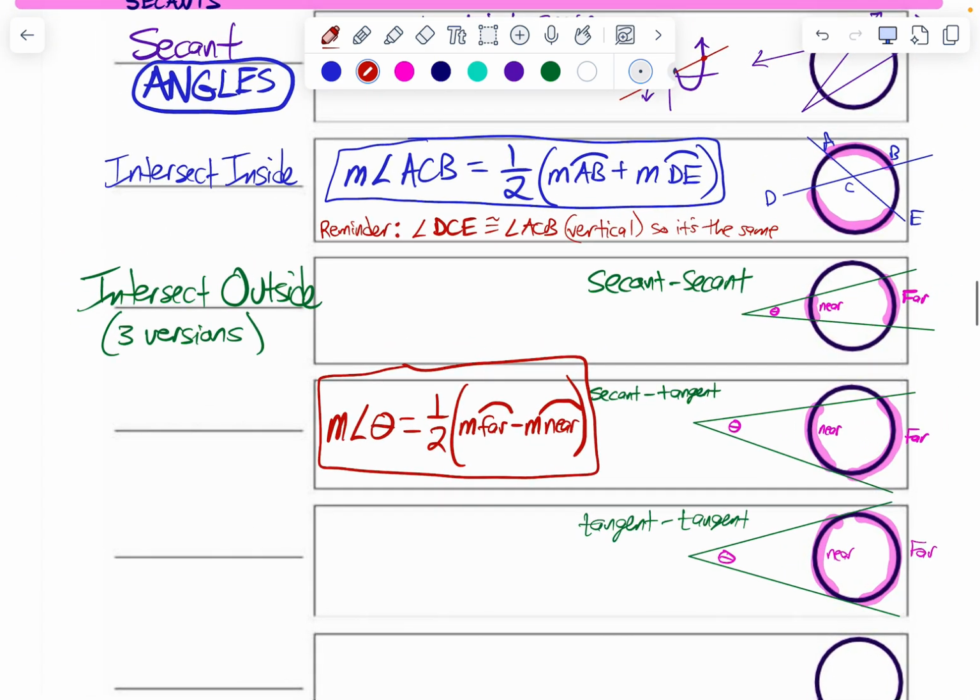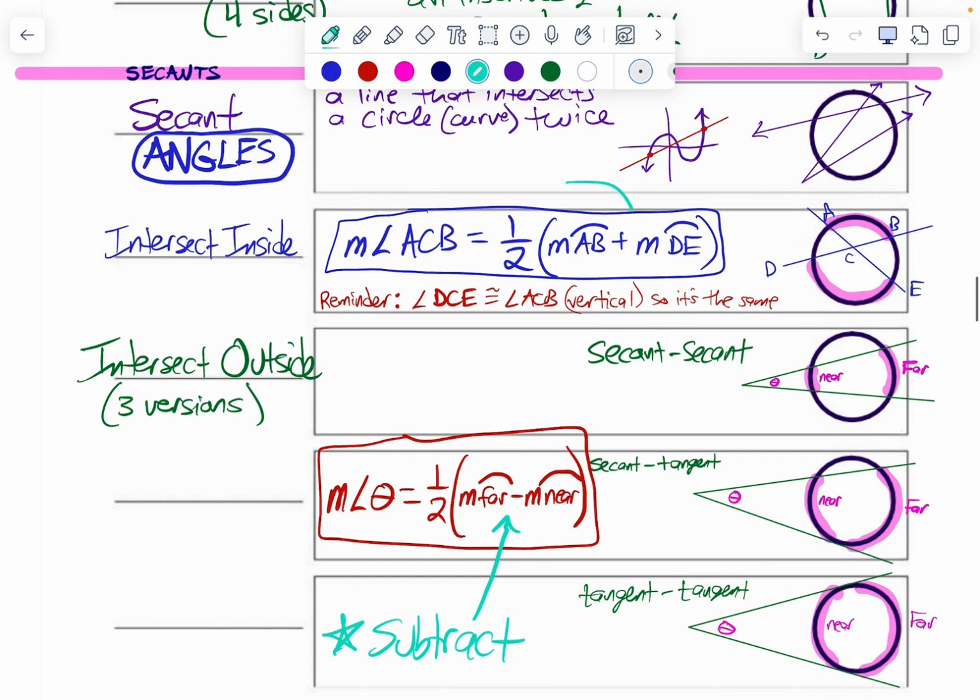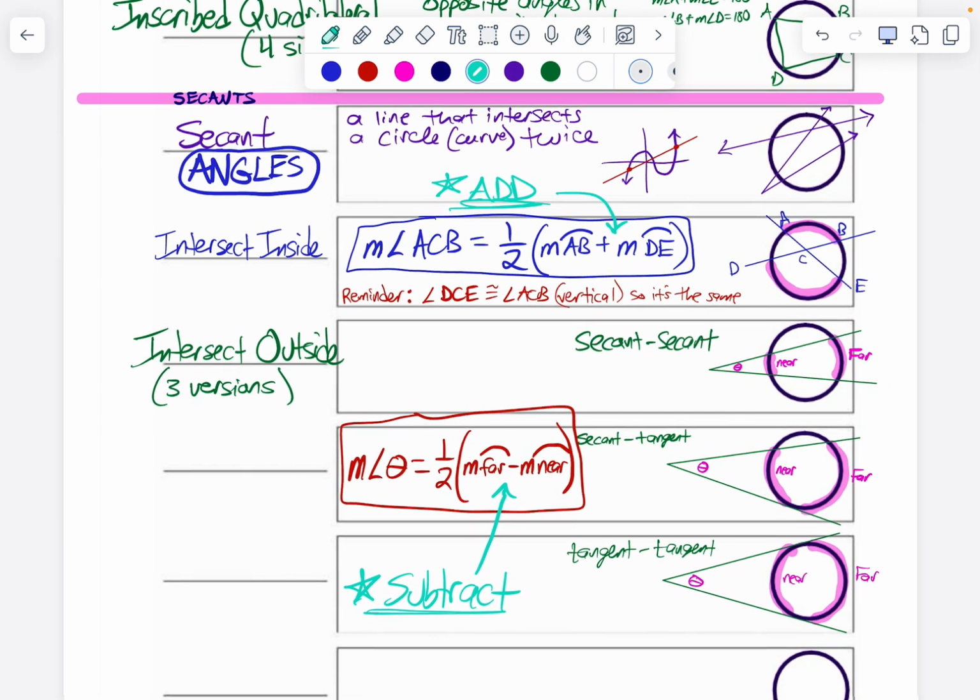So it's pretty darn close, but that's a big difference. I'm going to make sure that's clear. So subtract versus add in the other one. Otherwise, it's kind of similar.